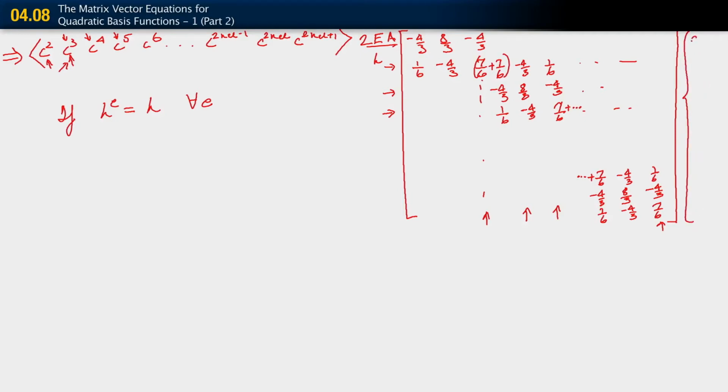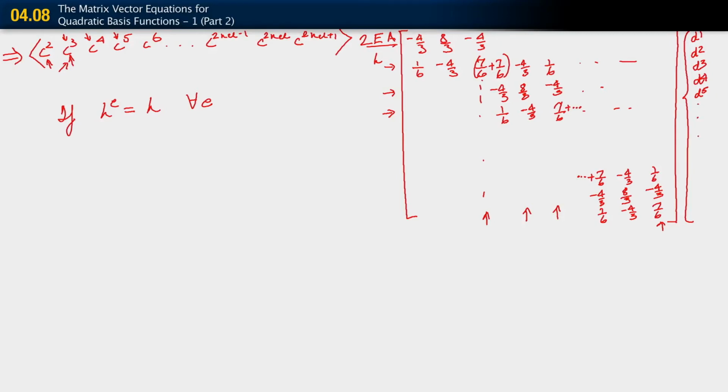The D vector here is full. It starts out at D1, D2, D3, D4, D5, and D5 is the last trial solution degree of freedom for element 2.